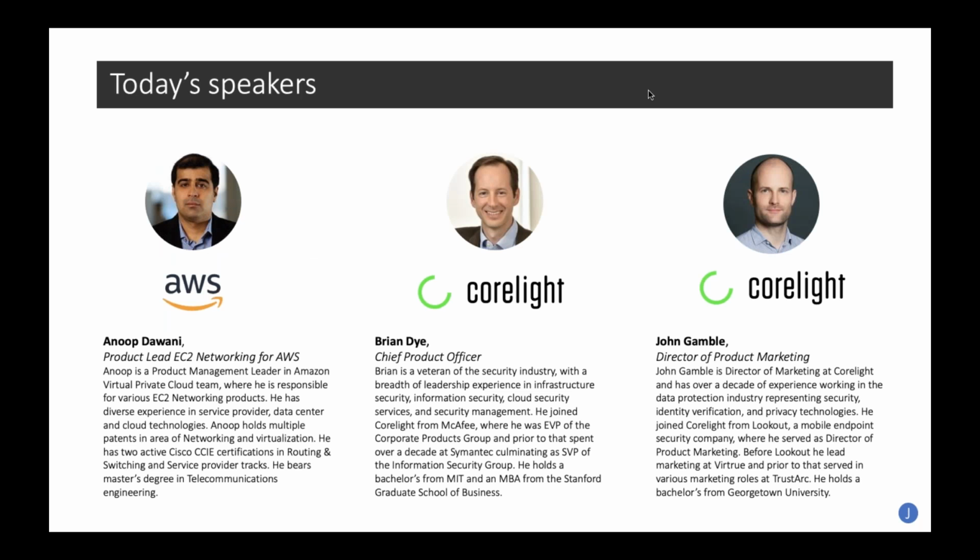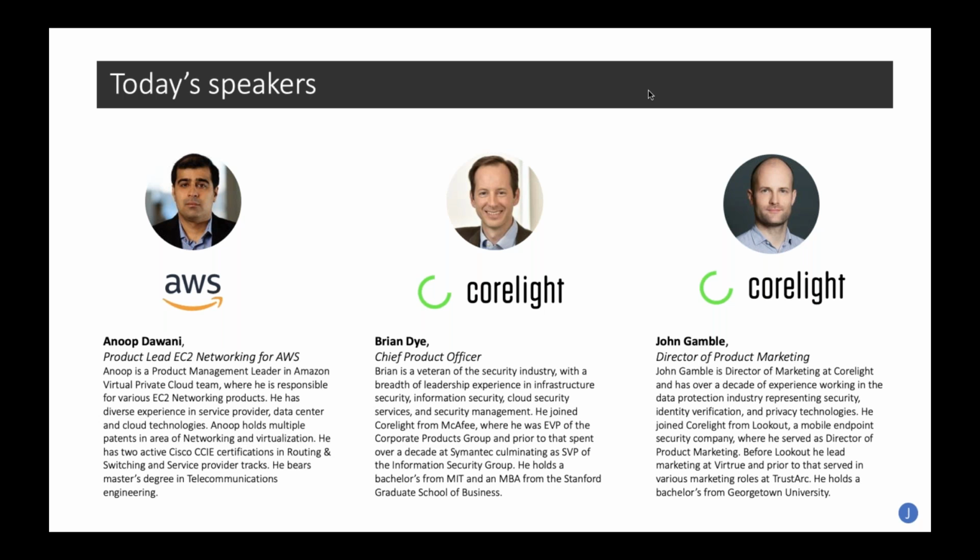So today's panelists. We're joined today by Anoop Dewani, the product lead for EC2 networking for AWS. Anoop's a product management leader in Amazon Virtual Private Cloud team and responsible for various EC2 networking products, and has a diversity of experience in service provider, data center, and cloud technologies, and holds multiple patents in the areas of networking and virtualization.